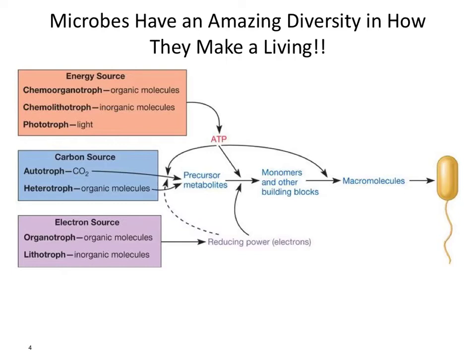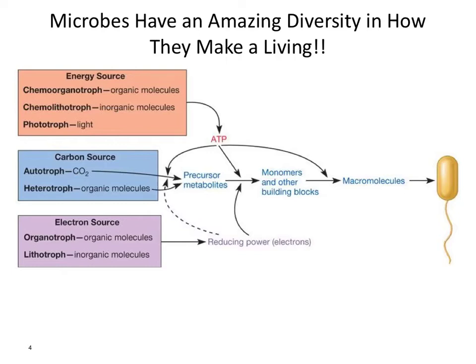In contrast, we get our carbon from organic molecules, things like glucose, and so do many, many microbes on the planet. From an electron perspective, the term organotroph means that an organism gets its electrons from organic molecules, and the term lithotroph indicates that the electrons come from inorganic molecules.